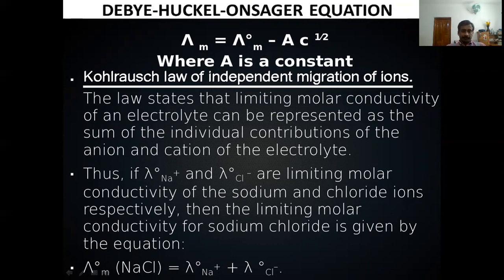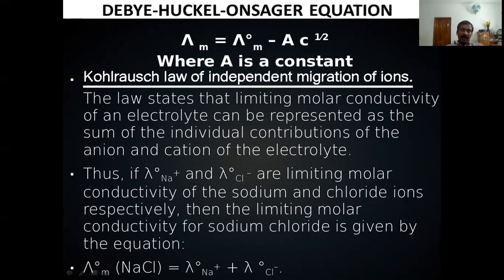So here lambda m0 is a constant. It is in the form y is equal to mx plus c, the equation for a straight line. So if we plot lambda m against C raised to half, you will get a straight line. This is obeyed only by the strong electrolyte, but in the case of weak electrolyte, you are not getting a straight line, you are getting only a curved graph.